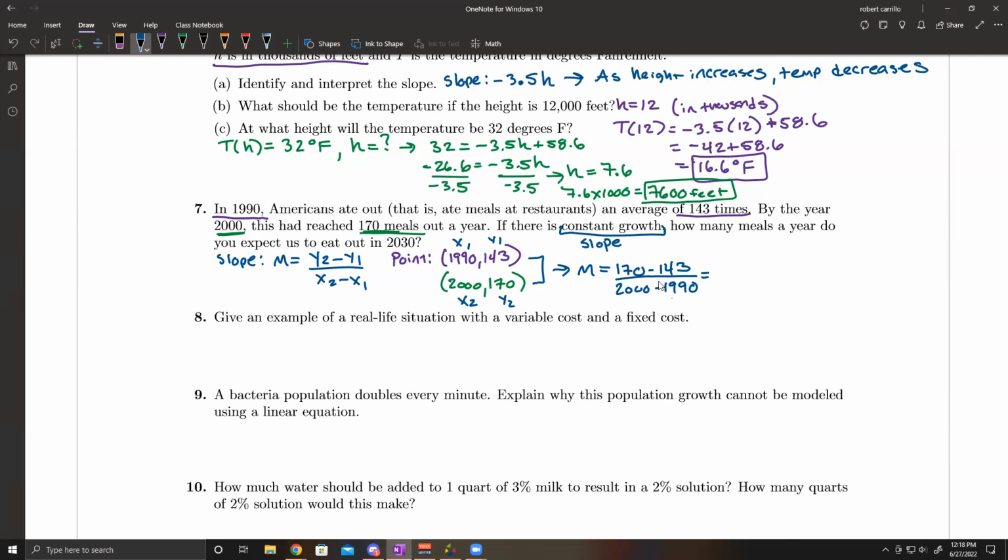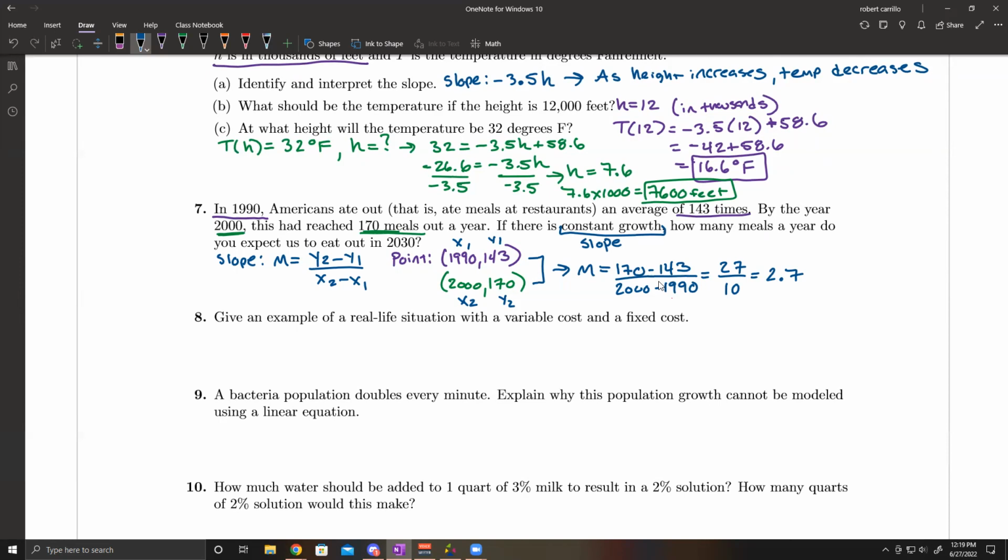Okay, so we have 170 minus 143, which gives me 27, over 2000 minus 1990, which is 10. 27 divided by 10 is 2.7. So what we're saying with this slope is that from 1990 to 2000, Americans were eating 2.7 more meals every year.